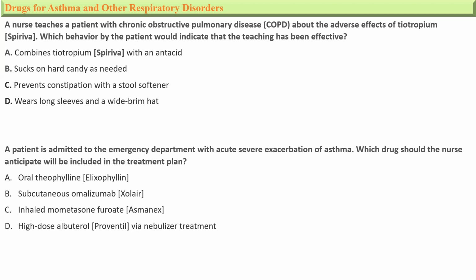The inhaled corticosteroids such as mometasone furoate, which is Asmanex, are not used to abort an acute attack.